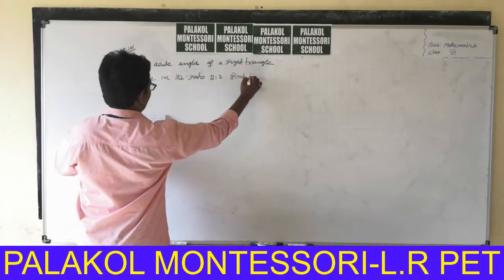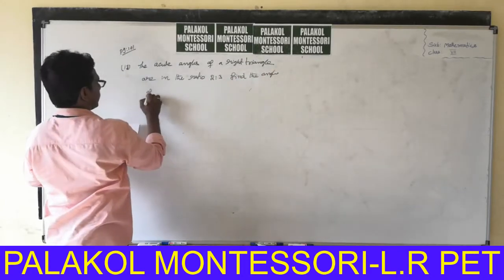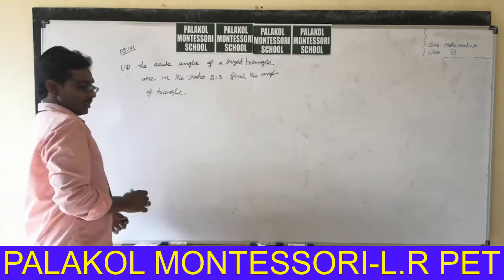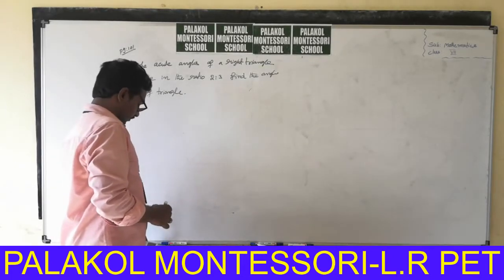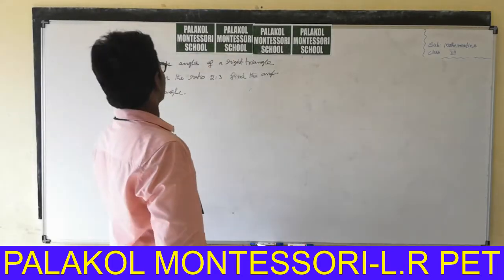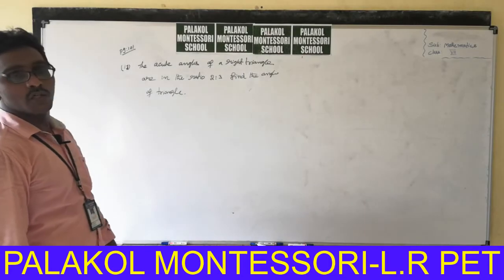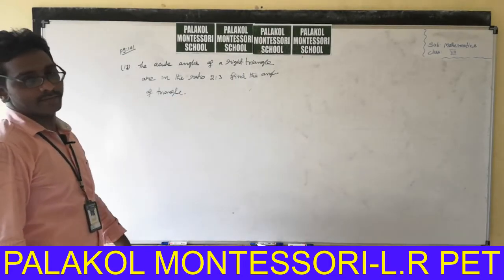Find the angles of the triangle. Okay, guys, listen. You study the sum. The acute angles of a right angle triangle are in the ratio 2:3. Find the angles of the triangle.